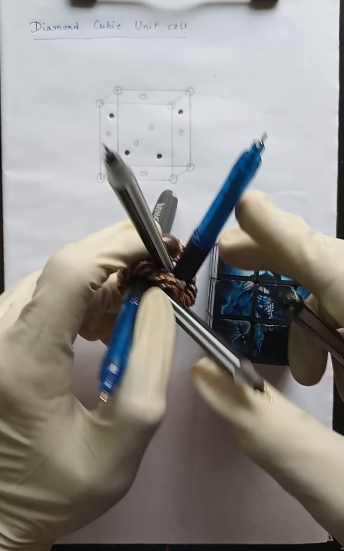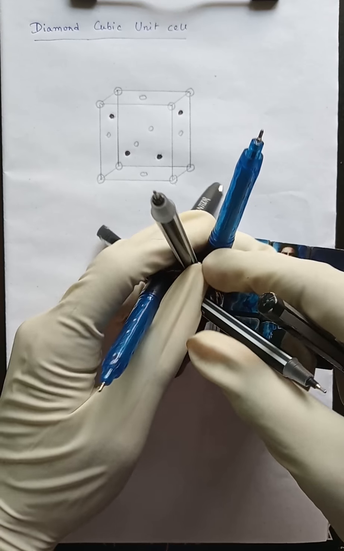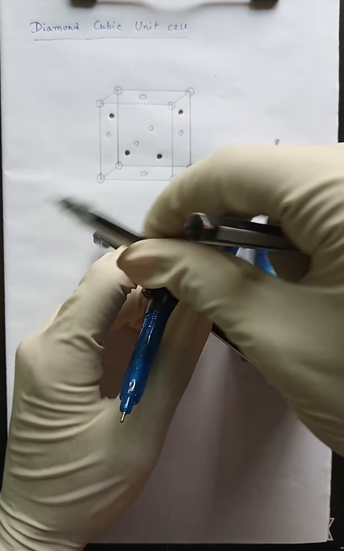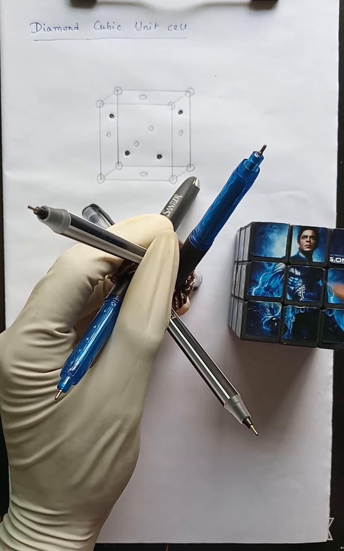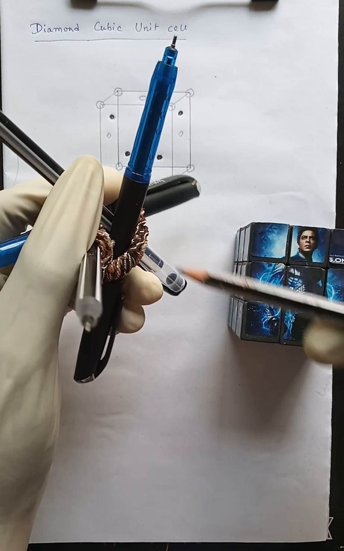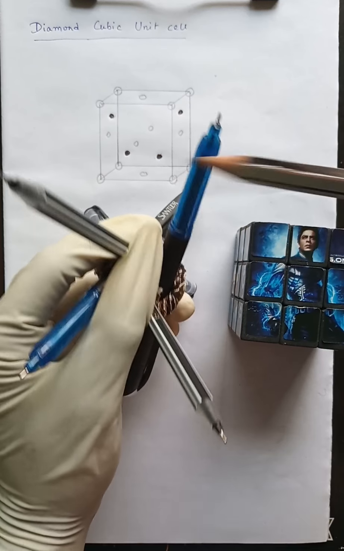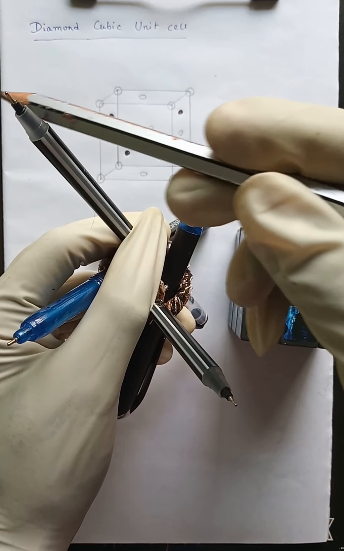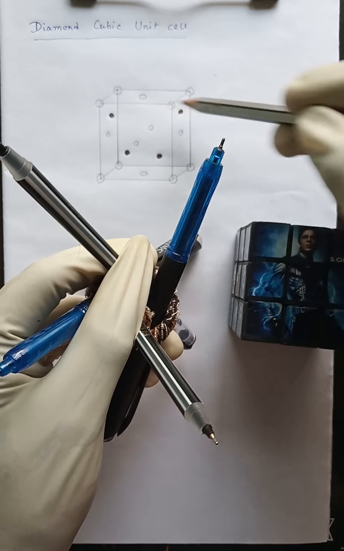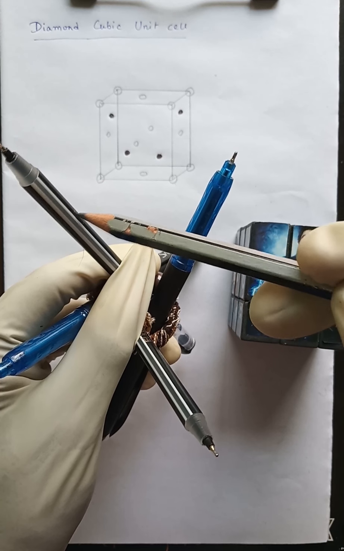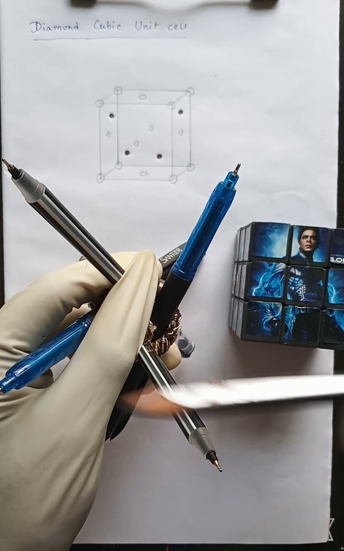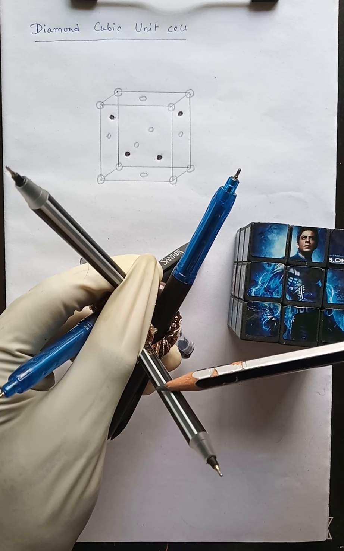Now see, these 2 are at this point, passing from the middle point, going to other point. So this one and this one, these 2 atoms are 1/4 of this. That means 1/4 from this point here and 1/4 from this point here.